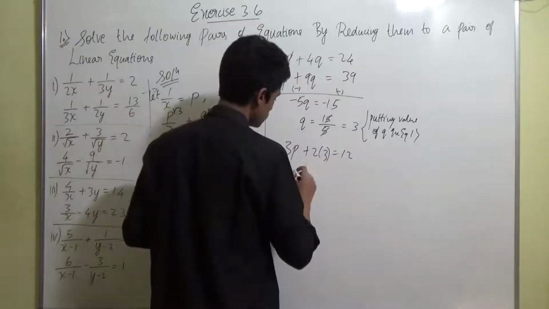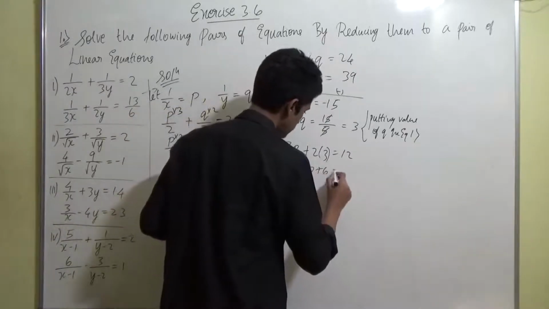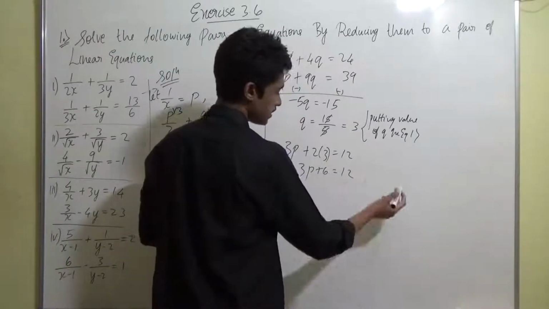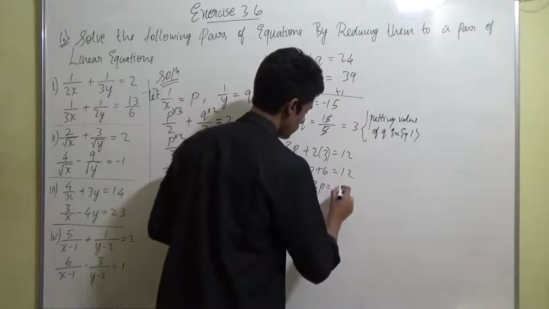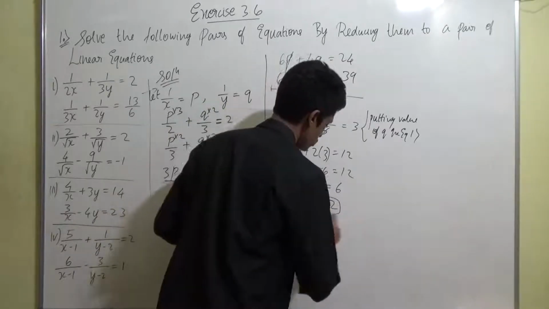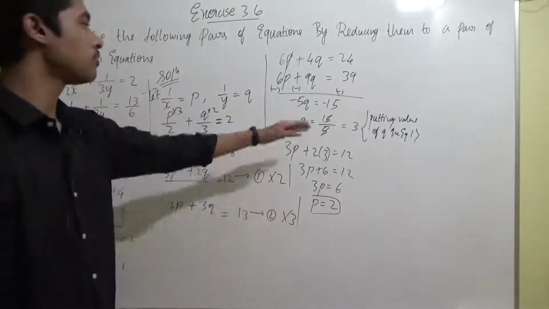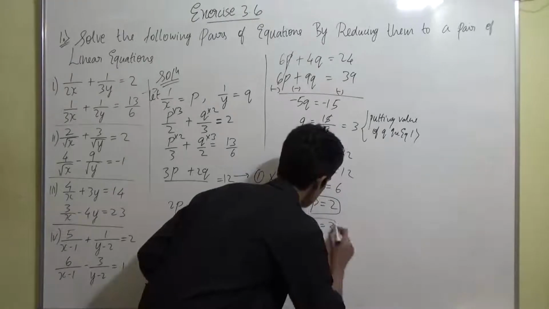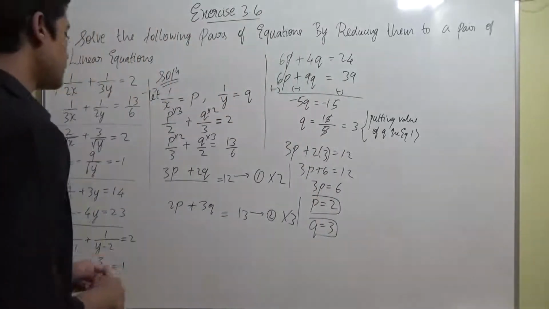Now let's find the solution. 3p plus 6 equal to 12, right? 3p will take 6 other side, it becomes like 3p equal to 6. So p will become equal to 6 by 3, which is nothing but equal to 2. So we found the value of p as 2 and we found the value of q as 3.